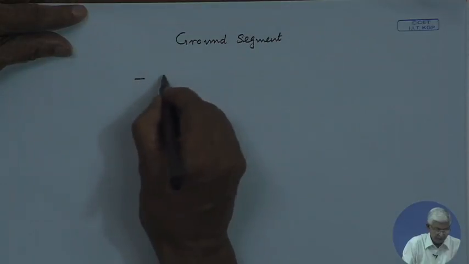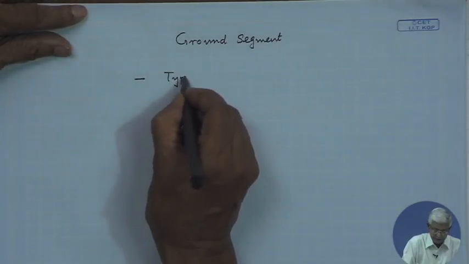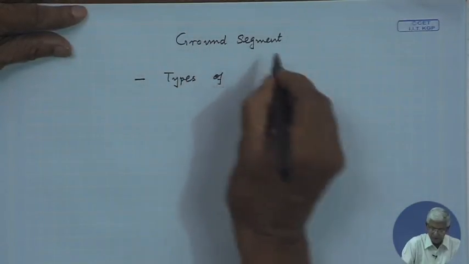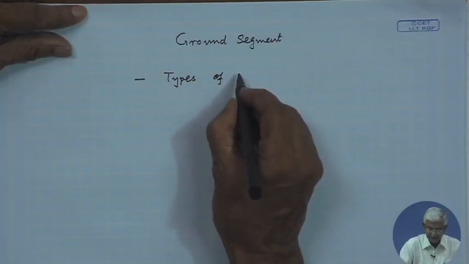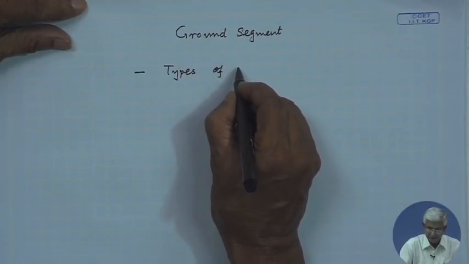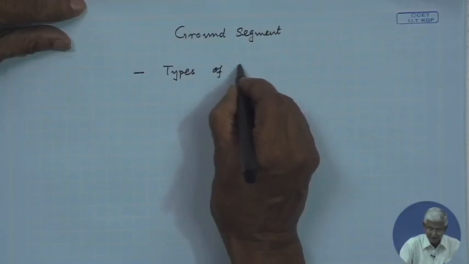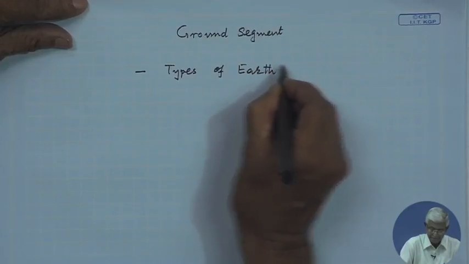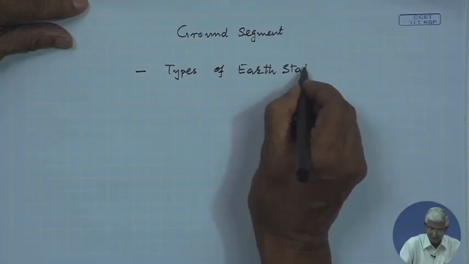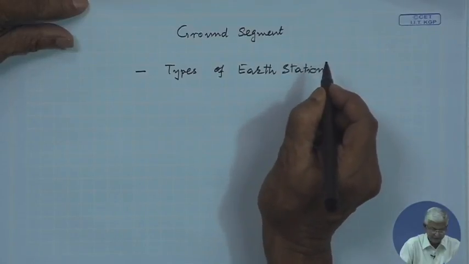We will cover the types of ground segment, and since it is on the earth, not always on the ground, we will call it earth station, that is the terminology people use, earth station.